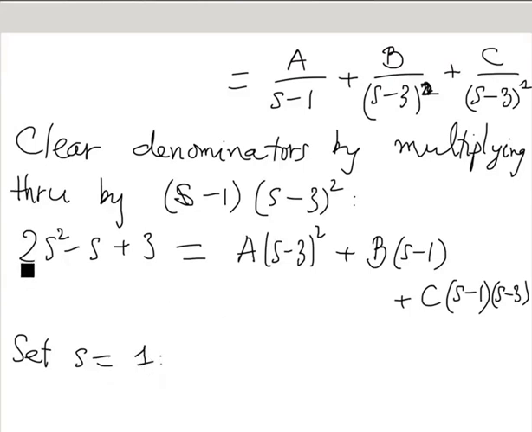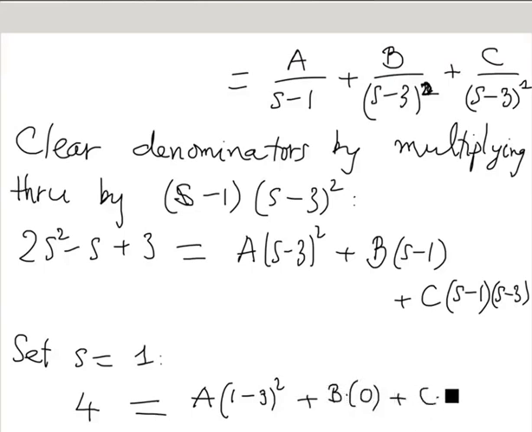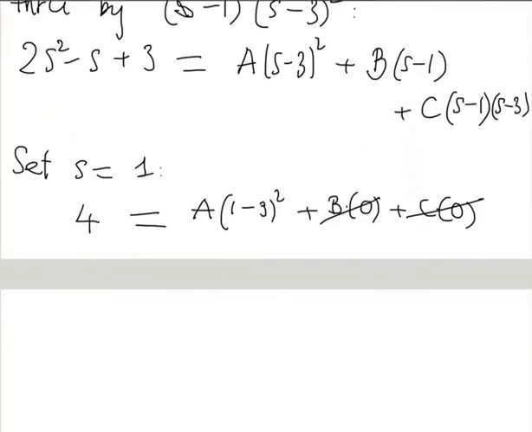When we plug in s equal to 1 on the left hand side, we have 2 minus 1 plus 3, so we get 4 equals A times 1 minus 3 squared plus B times 0, and then C times 0 as well. So the two are gone. As a result, we have 4 equal to A times 4. So A equals 1.